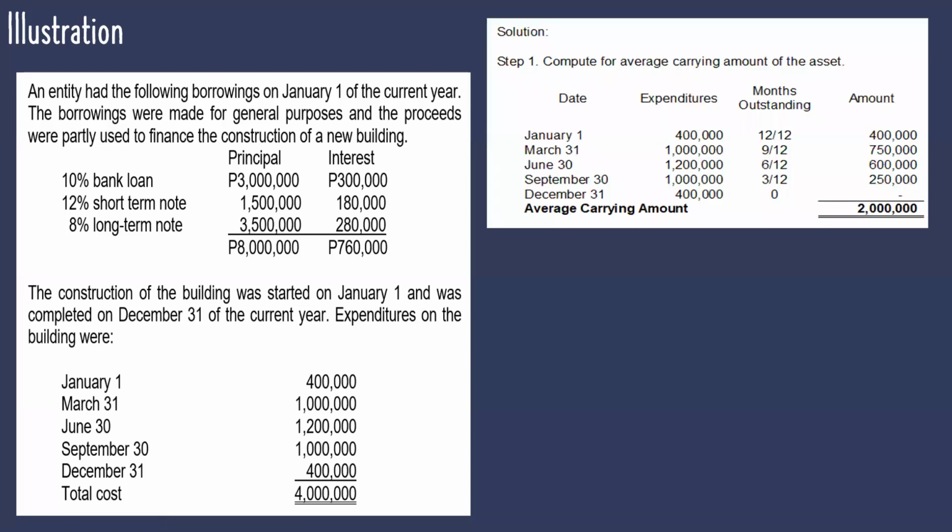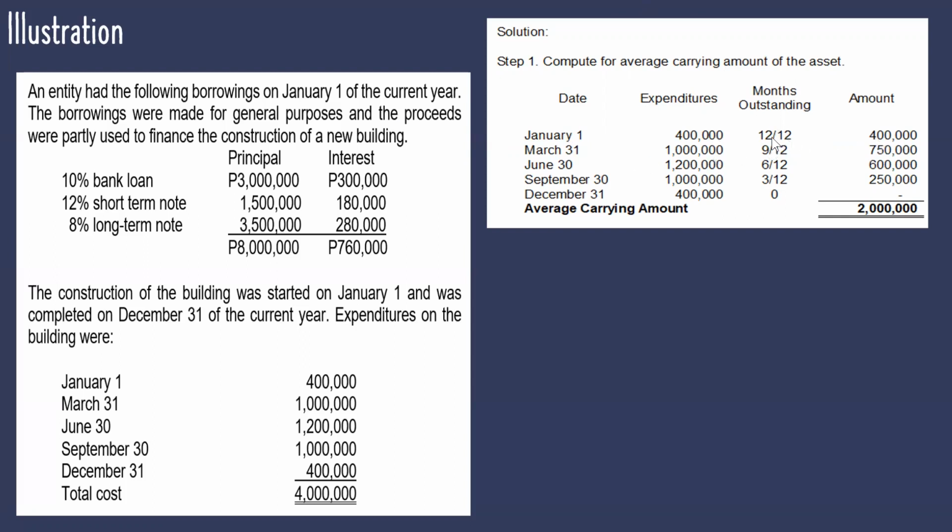First, class, you have to determine the average carrying amount of the asset. That's your step 1. How do we compute the average carrying amount of the asset? You have here the date, the expenditures, the months outstanding, and then the amount.